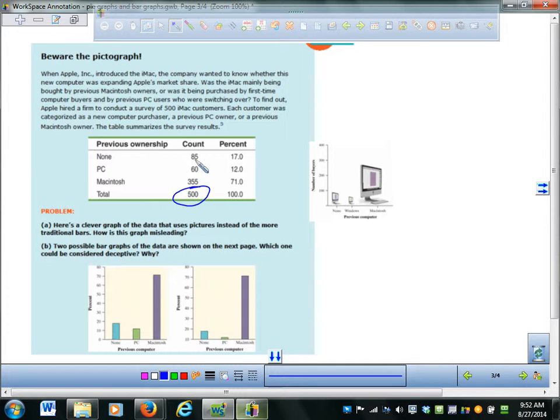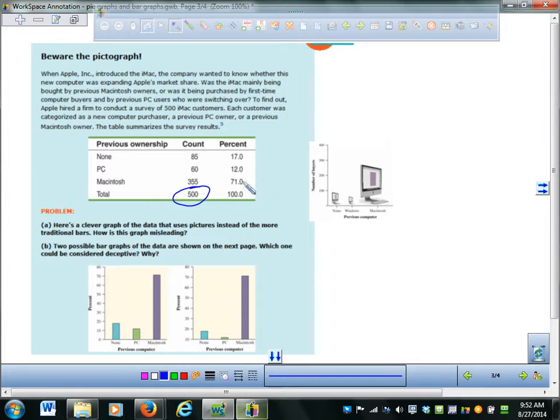And out of all those people, 85 of them had not owned a computer before, right? Out of those 500 people, 60 of them had owned a PC before they bought a Mac, right? Out of those 500 people, 355 of them owned a Macintosh before, okay?